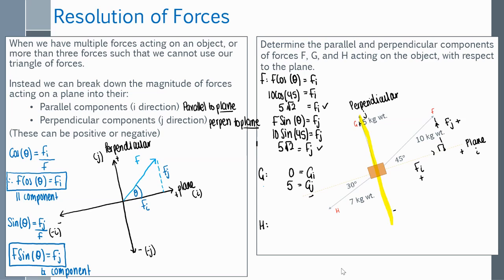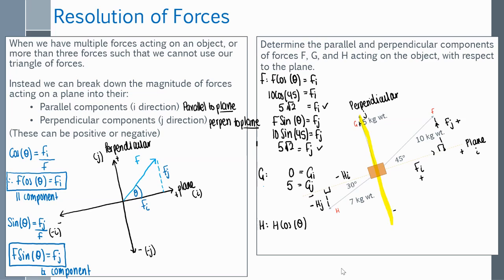For H, notice that Hi should be negative, as it's going down the plane in the negative i direction. Using our formula again, the angle between the plane and H is 30 degrees and H itself is 7.